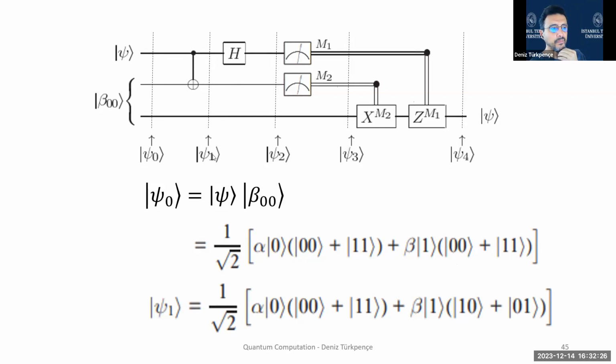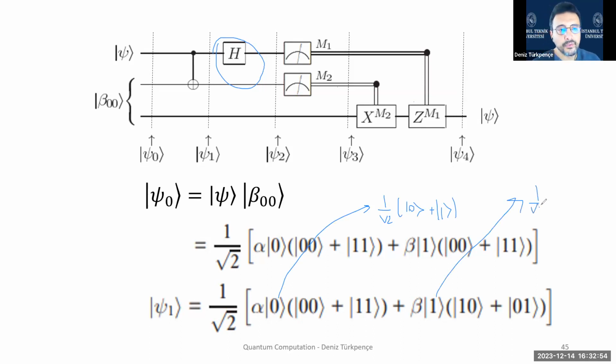Okay. And next, I have a Hadamard gate applied only on the first qubit. And this is our first qubit state. This first qubit is going to be 1 over square root 2 times (0 plus 1) when you apply this Hadamard gate here. And also this state is going to be in this form, 1 over square root 2 times (0 minus 1).